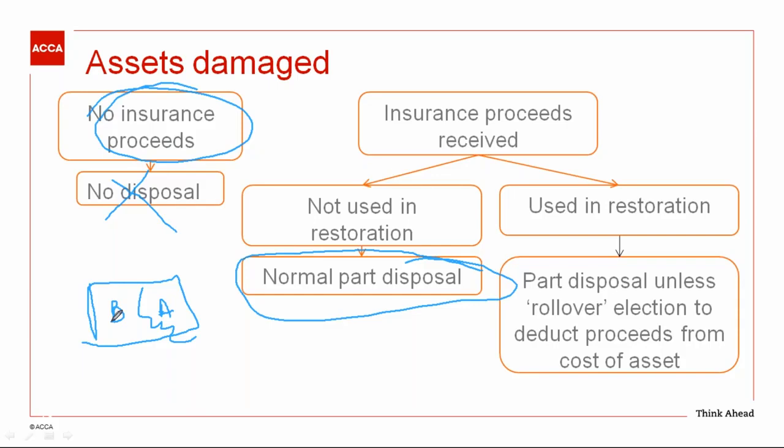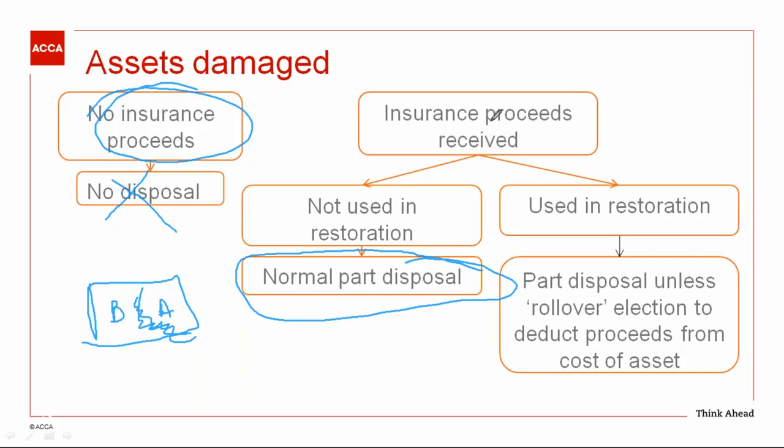All right. Now here the outcome again depends on whether you're going to use the insurance proceeds to repair or restore the damages. If insurance proceeds are received and you're not going to use that money to repair or restore the damages, then you do a normal part disposal computation.